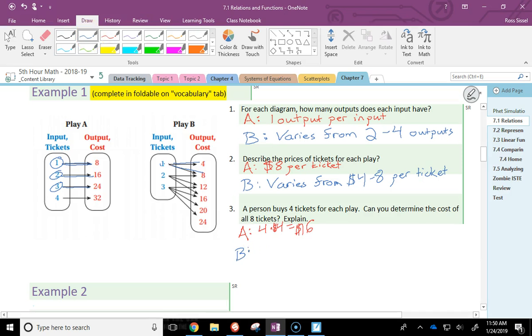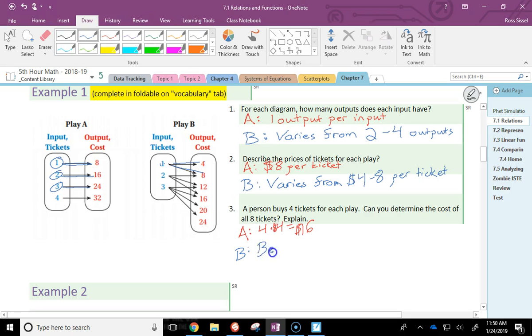Okay, so for play B, I bought 4 tickets. How much is that going to cost? Will I have an exact answer? Maybe. The senior citizens discount. This one is going to continue to vary. So how much do you think it's going to cost me when it varies?